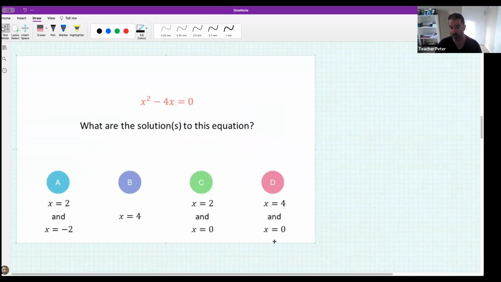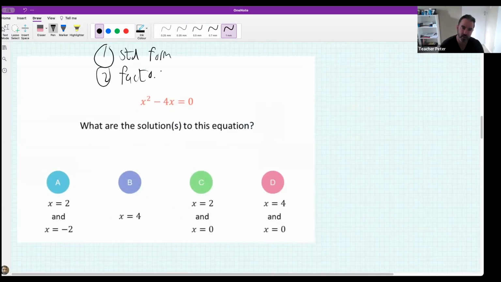Now, this is a sneaky one, so watch out. It is in standard form, but now you need to factorize. And to factorize, you have a couple of different choices. Which of those choices are you going to choose?